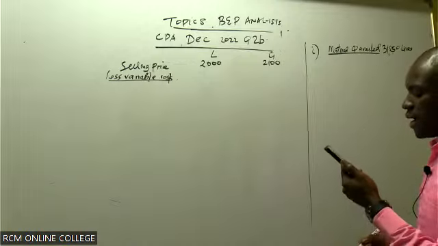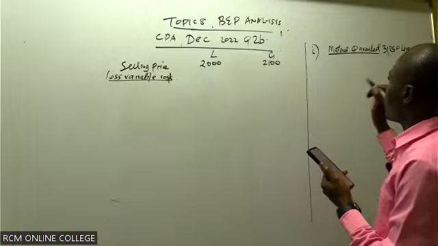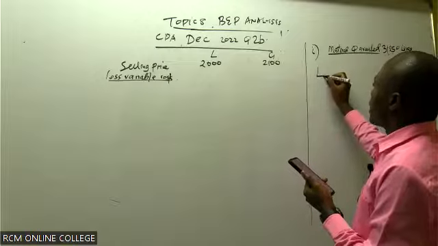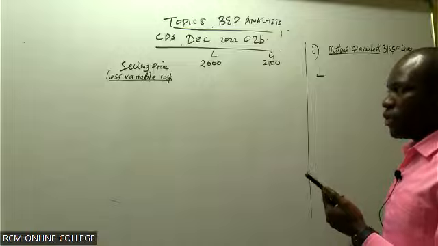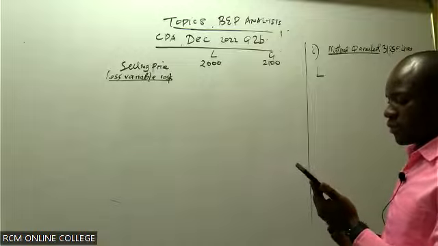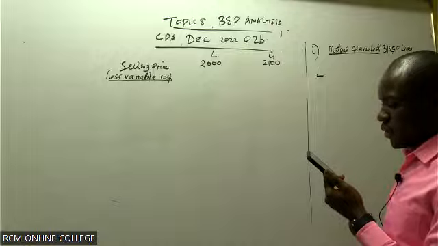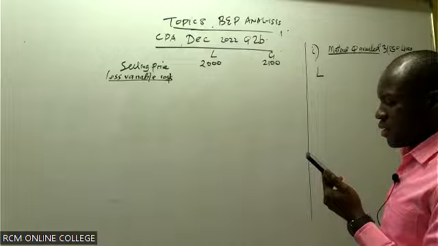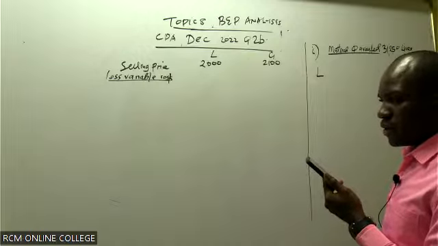31,250 liters. Now, how many liters of material Q do we need to produce 1 unit of L?